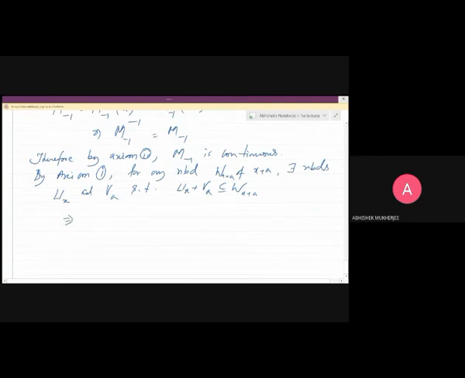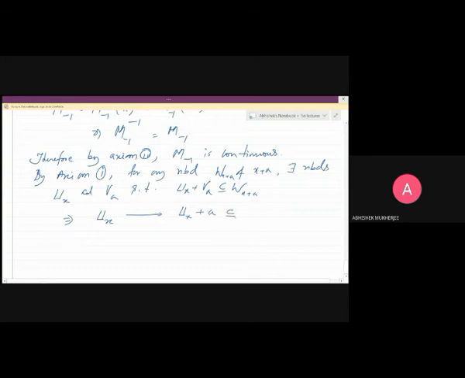So this implies Ux plus a. Now what is Ux plus a?